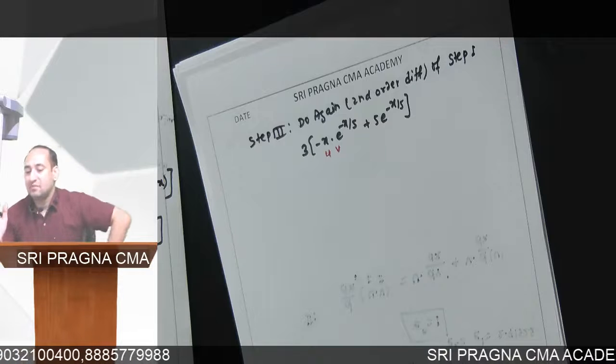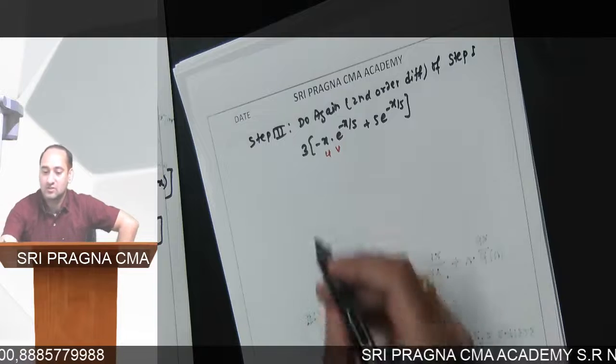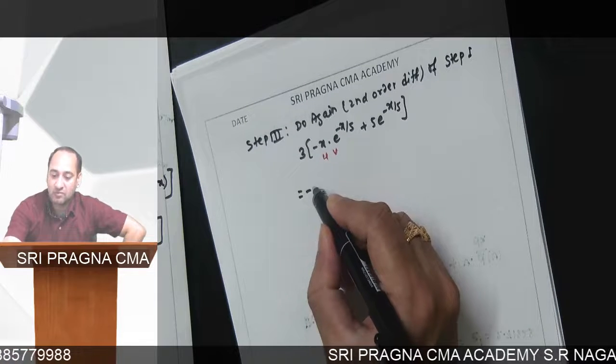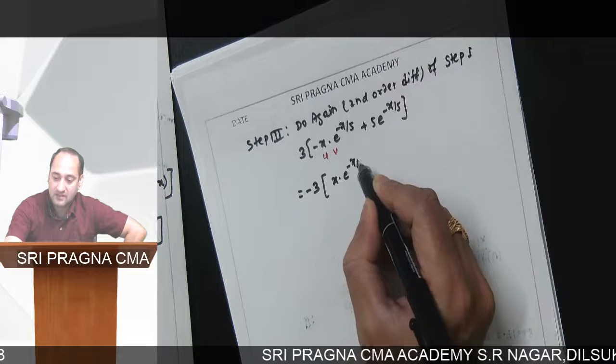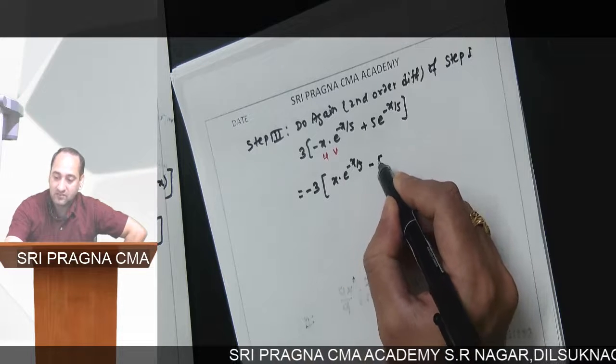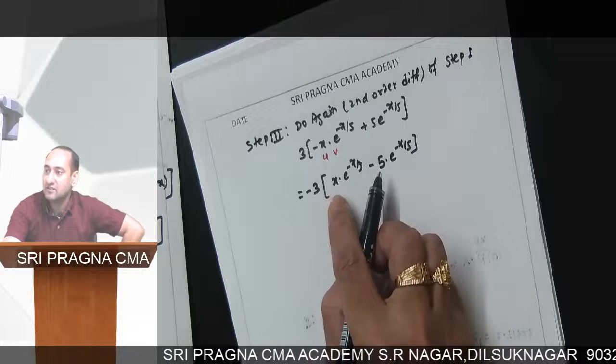So I am going to take minus as a common first, so that I can perform the calculation easily. So minus common, minus 3, so I am writing x e to the power minus x by 5 minus 5 e to the power minus x by 5.